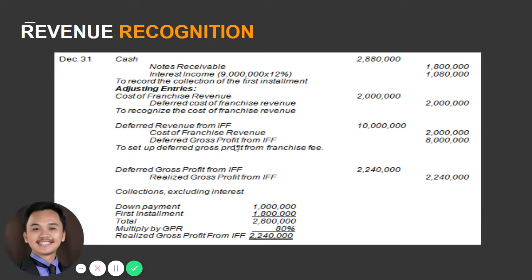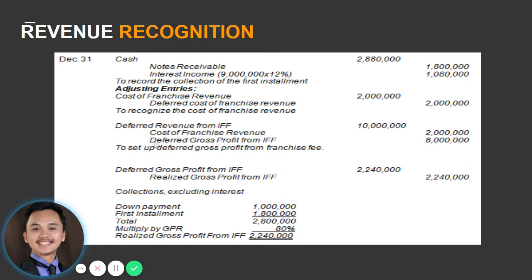And then, we have here, right? Since we are using the installment basis, our initial franchise fee of 10 million will be deferred first. Okay? Meaning, we defer the gross profit. So debit deferred revenue from initial franchise fee of 10 million, credit cost of franchise revenue of 2 million, and credit for the deferred gross profit of 8 million.